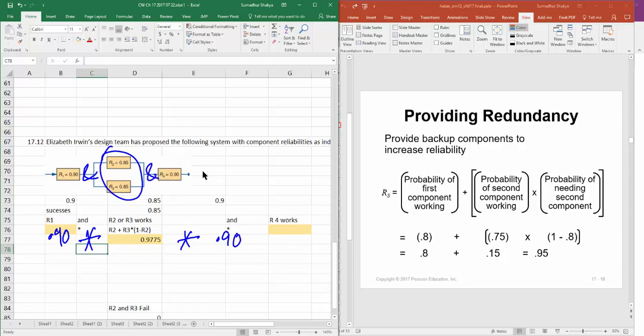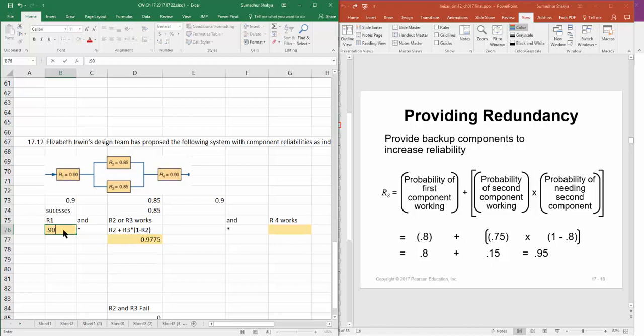So let's see the combined probability. We already have this as 0.90 given to us. This is 0.90 again given to us. Let me bring this here. Therefore, the combined result is 0.9 times this times this.